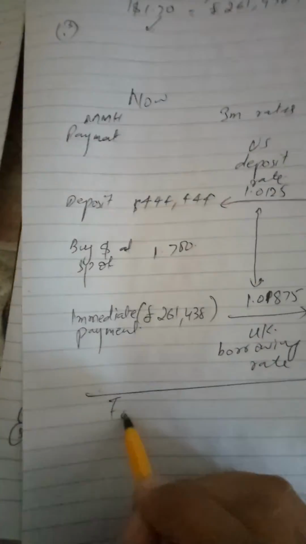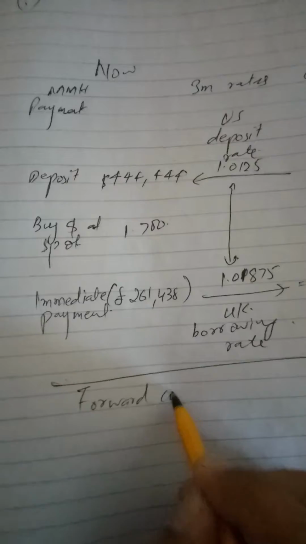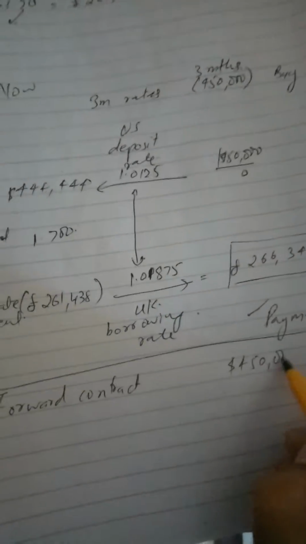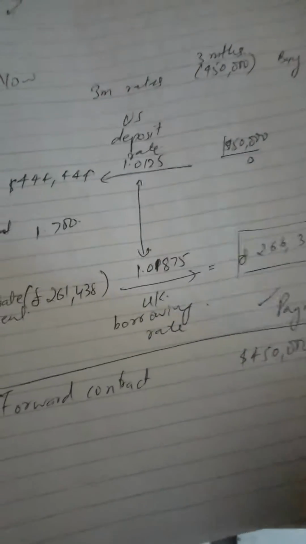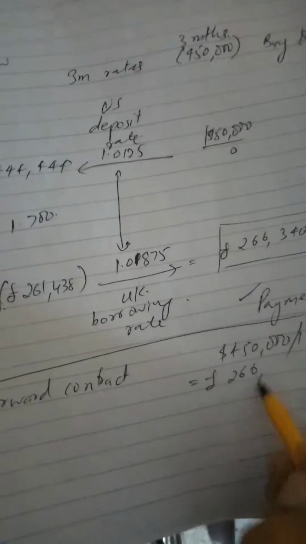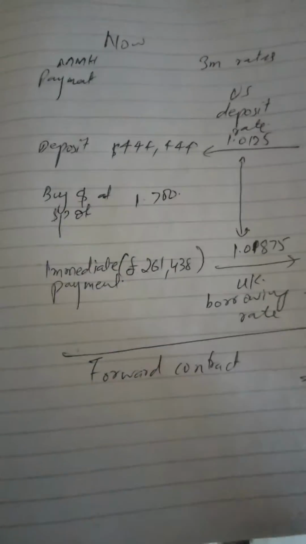And now with the help of the forward contract, 450,000 divided by 1.6902 would be 266,241. So this is the forward, which is economical.